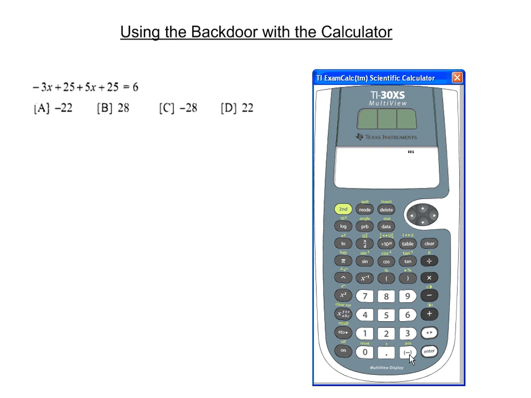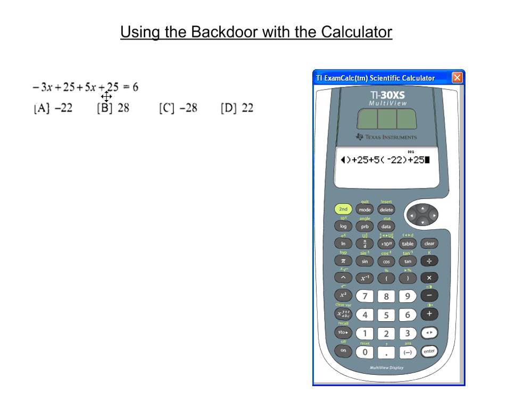So I'm going to go negative 3, parentheses, and I'm going to plug in a negative 22 for X. I put that in parentheses because it's being put in for X, plus 25, plus 5, parentheses, and I've got to put negative 22 in for X again, plus 25.